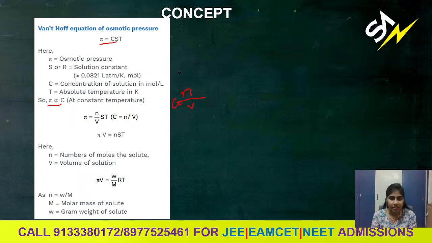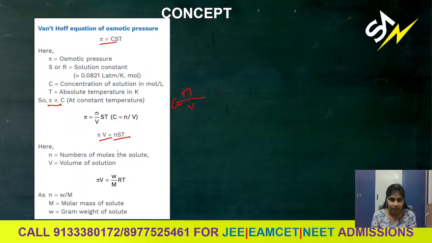If we substitute this in Van 't Hoff's equation, what do we get? Pi V is equal to n S T, where n is the number of moles of the solute and V is the volume of the solution.